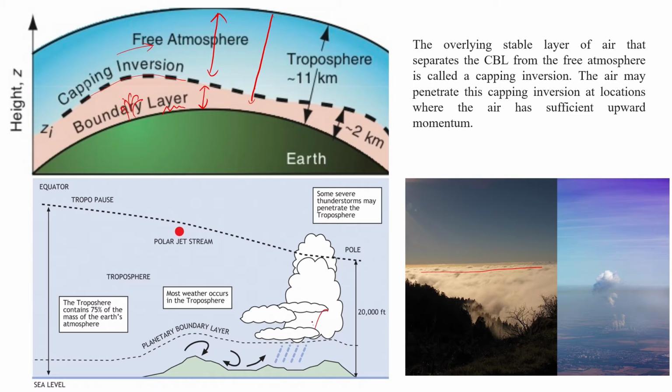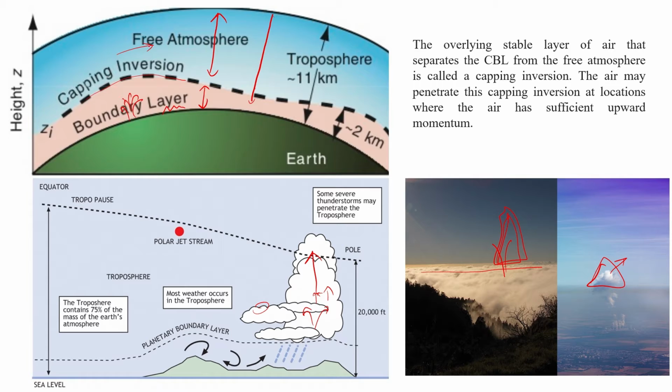Sometimes if the cloud has enough momentum, that is, the temperature of the air parcel is very high compared to the surrounding air, then due to the temperature difference it will keep on rising with very high momentum. In that case, it will penetrate the capping inversion layer and form a very big cloud formation, which is the main reason for thunderstorms, etc. So the complete one is the troposphere, the bottom one is the boundary layer which has both mechanical and convective turbulence.